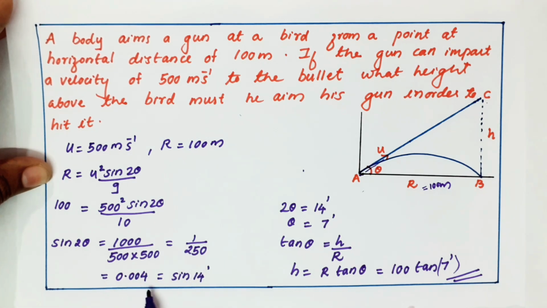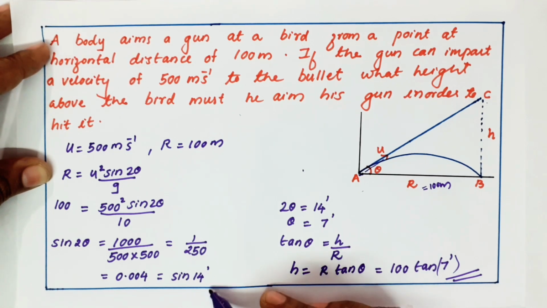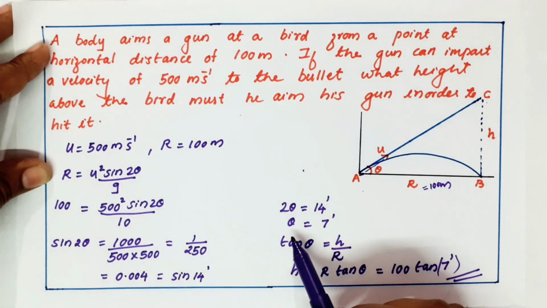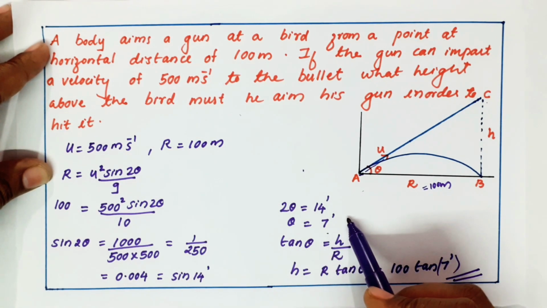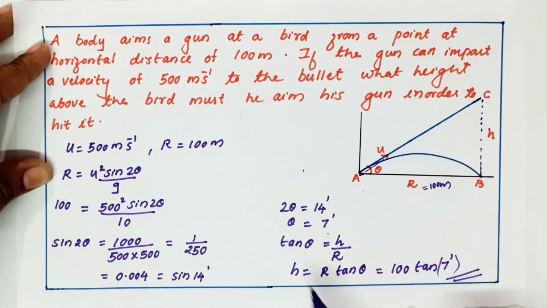That is 0.004. This value, if you have your log table, you can find out. That is sine 14 minutes. So 2 theta I can write as 14 minutes. Therefore theta equal to 7 minutes. Sometimes in the question they will give the value, or you can keep it like this.